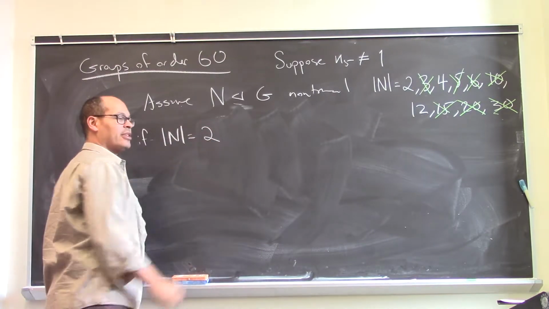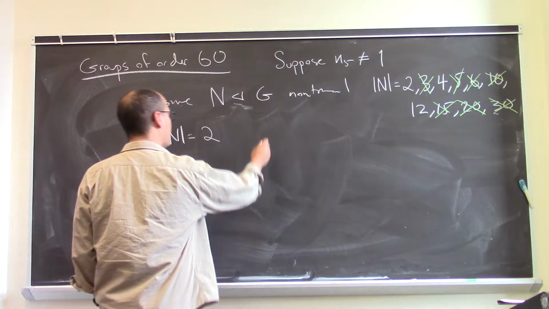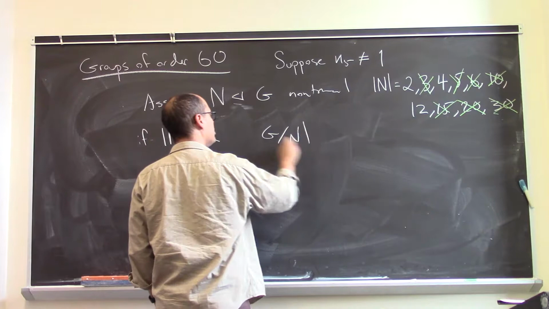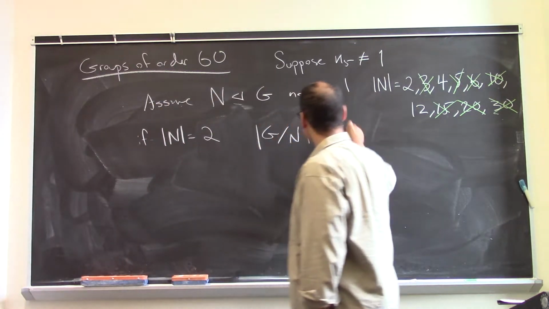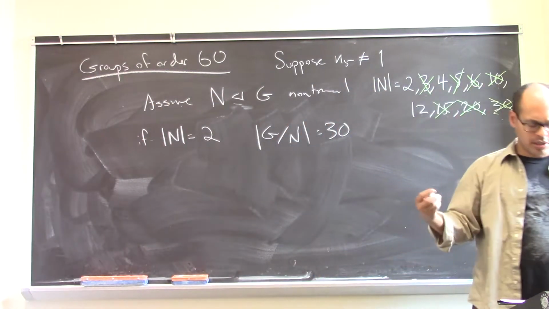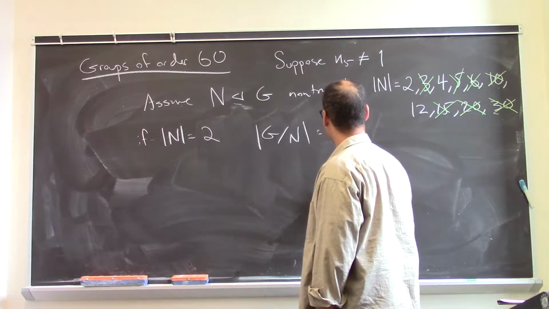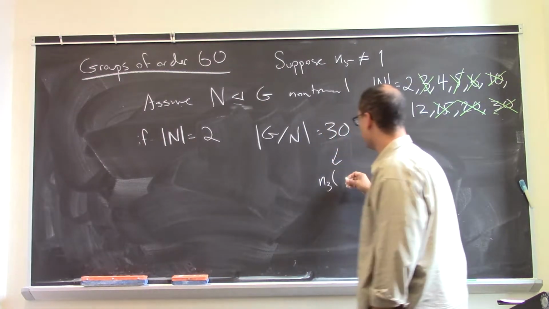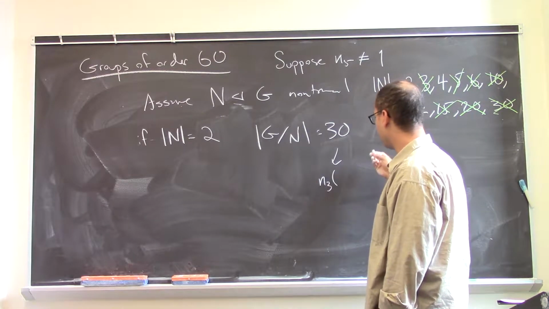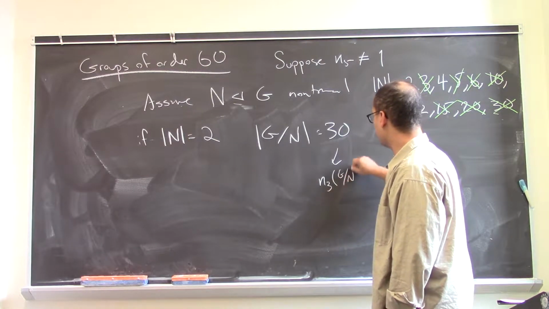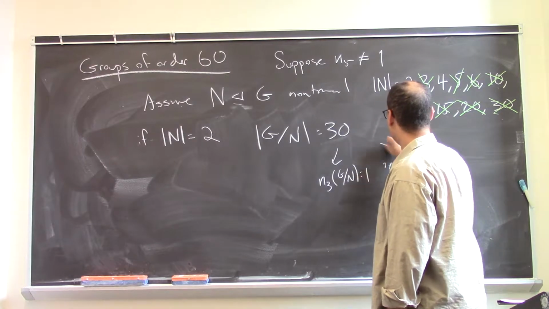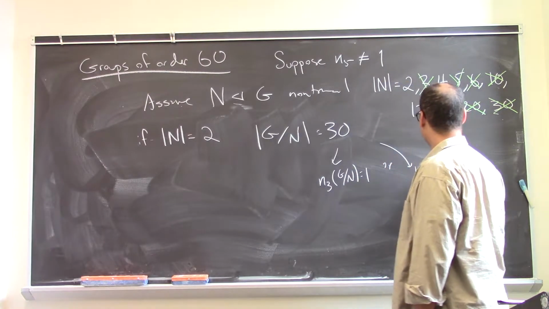If the order of n is 2, then I'm going to consider G mod n, which has order 30. A group of order 30 has either a normal subgroup of order 3 or 5. So n3 of G mod n is 1, or n5 of G mod n is 1.